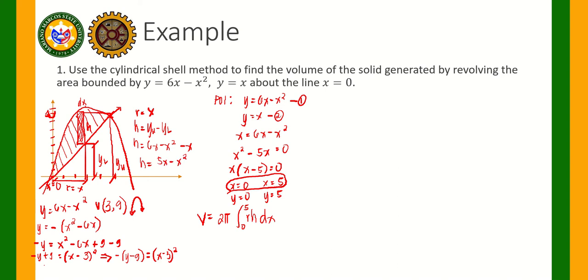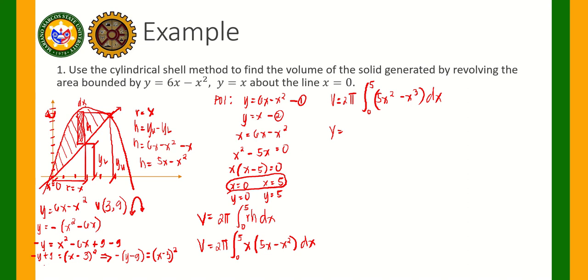Okay? So, let's integrate. So, v is equal to 2 pi times the integral of our r, that is x, times h natin is 5x minus x squared dx, limits from 0 to 5. So, v natin is equal to 2 pi times the integral of 5x squared minus x cubed dx, limits from 0 to 5.